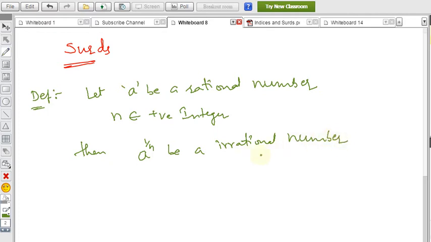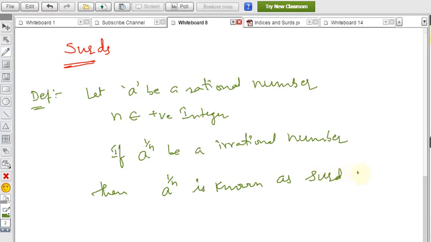If a to the power 1 by n is an irrational number, then a to the power 1 by n is known as a surd of power n.